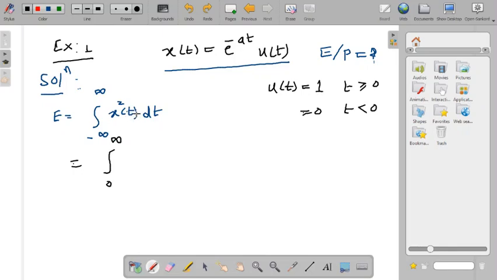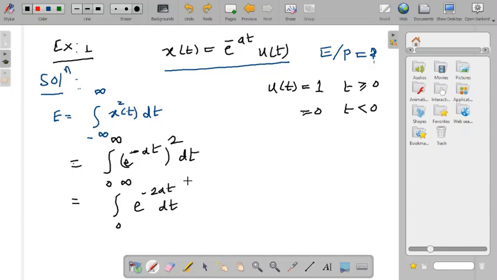X square t will be e raised to minus at and whole square, dt. So after further simplification we will get integration 0 to infinity e raised to minus 2at dt.